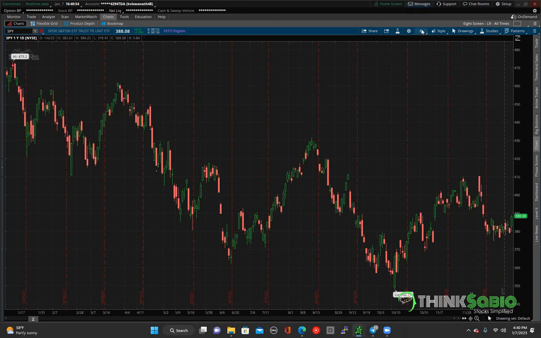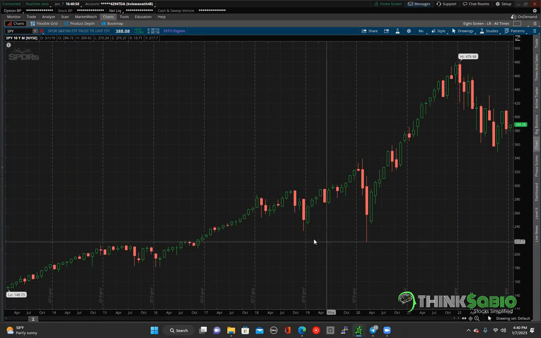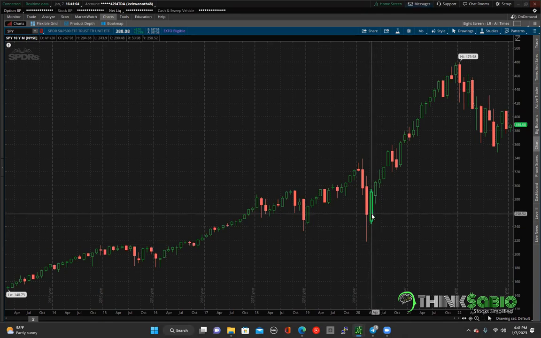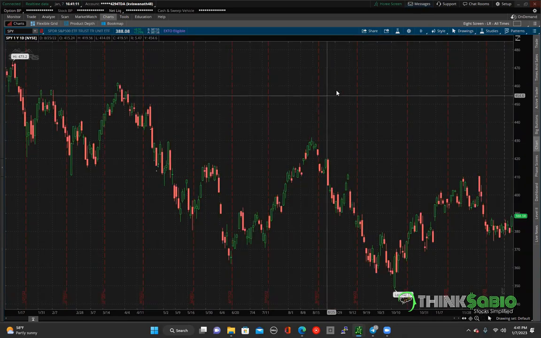If you're an investor, you can basically have 1 year, 1 day, or the monthlies. So you buy and you forget, but once in a while you just want to come back and see. You can look at the price action. Each candle, like I said, represents 1 month, and then it is for a total of 10 years, right?